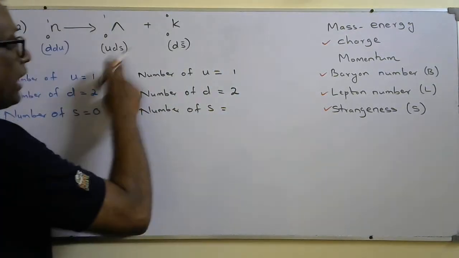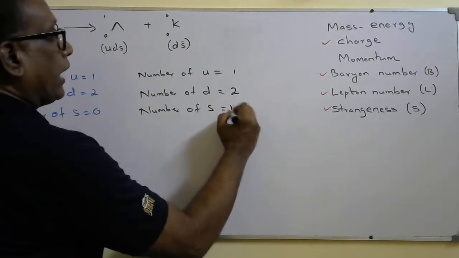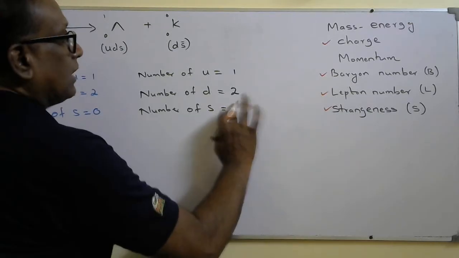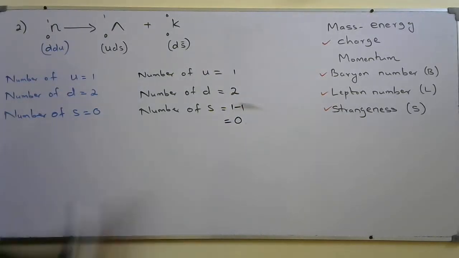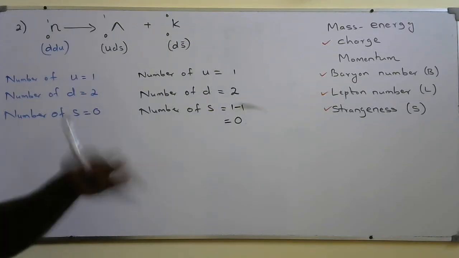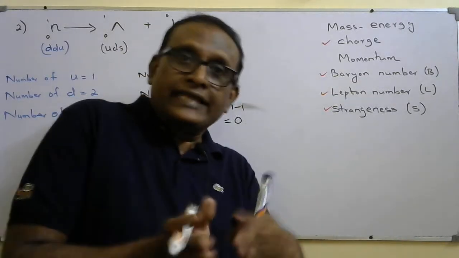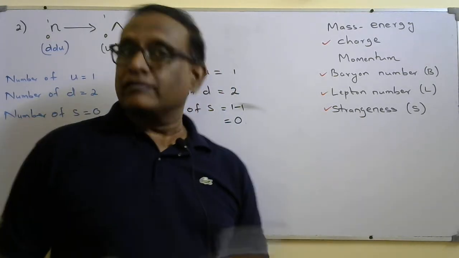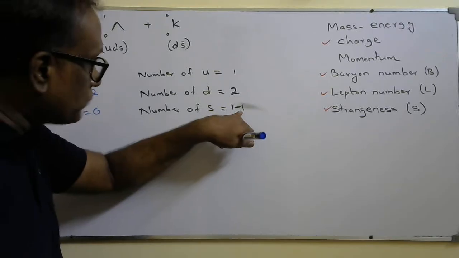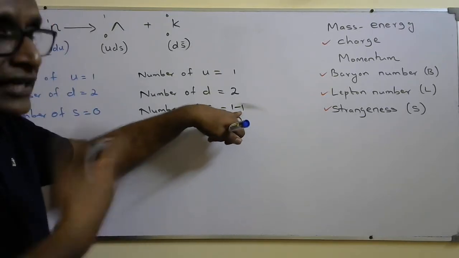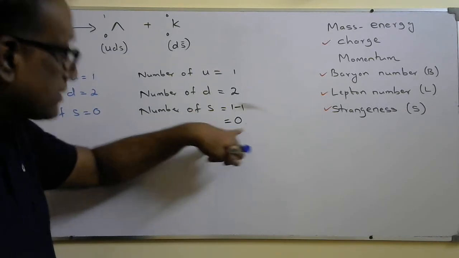So here there is S quark and anti-S quark, so we imagine plus 1 minus 1, 0. Number of quarks minus number of the same type of anti-quark. So S quark 1, anti-S quark minus 1. It's not strangeness when we count like that. So the number of S quarks is 0.